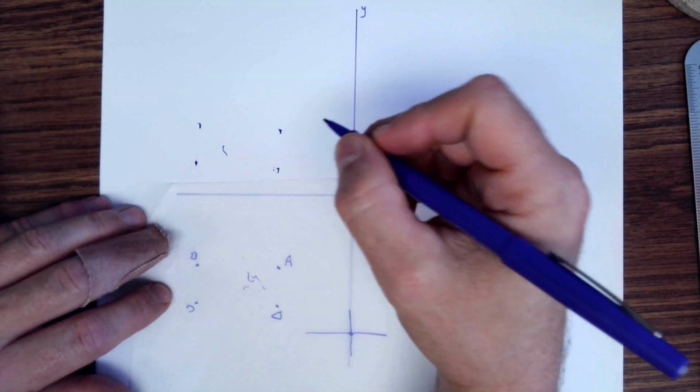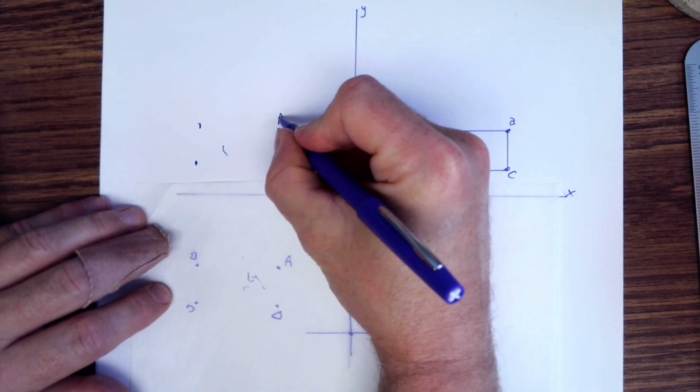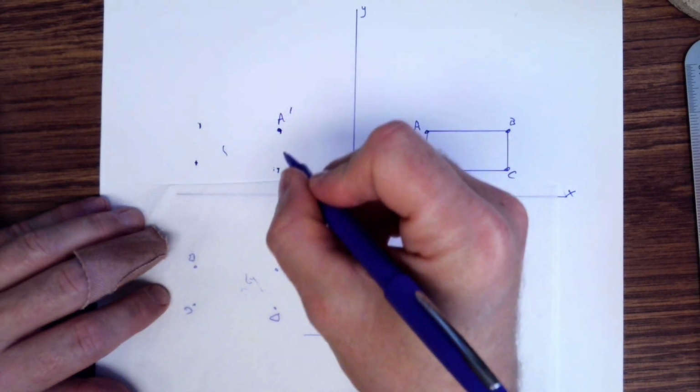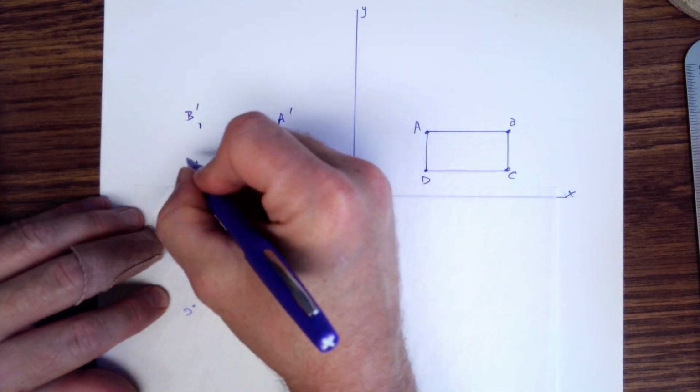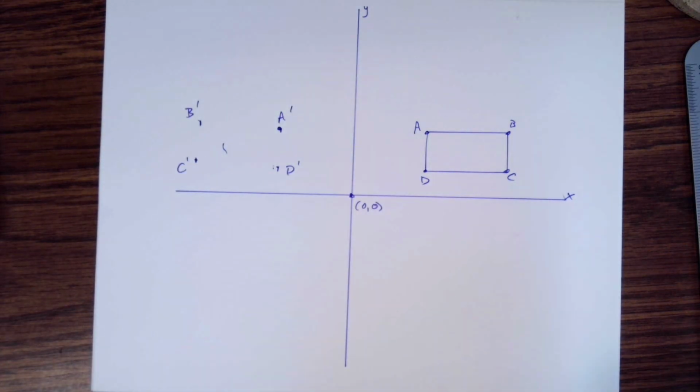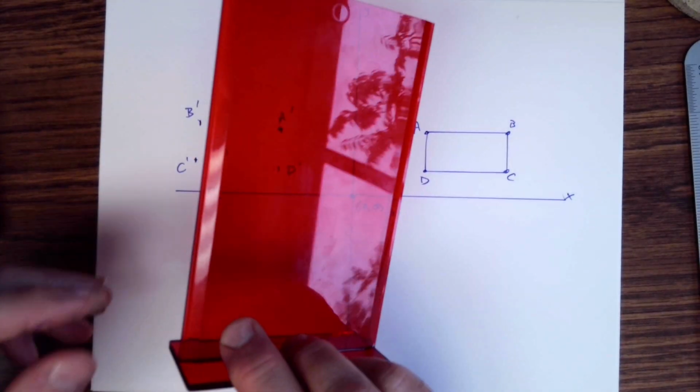So what we have here is A prime, we have D prime, we have B prime, and we have C prime.